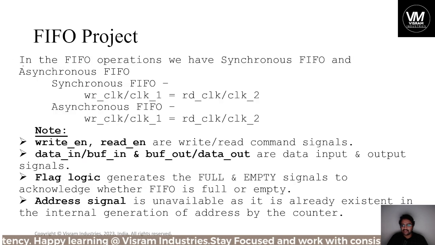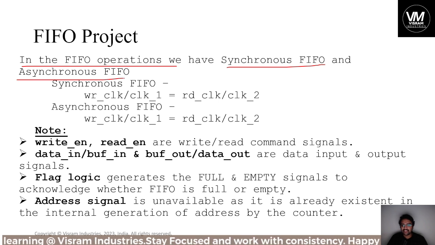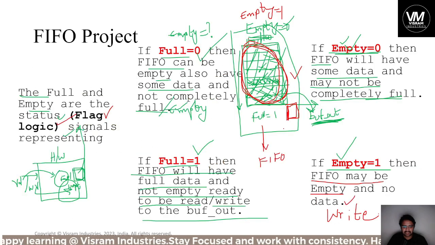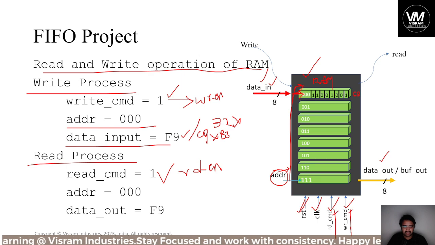And in the FIFO operations, we have synchronous FIFO and asynchronous FIFO. What is synchronous FIFO? The write clock will always be equal to the read clock, and in asynchronous FIFO, the write clock is not tied to the read clock. We should note here that write enable and read enable are the write and read command signals.